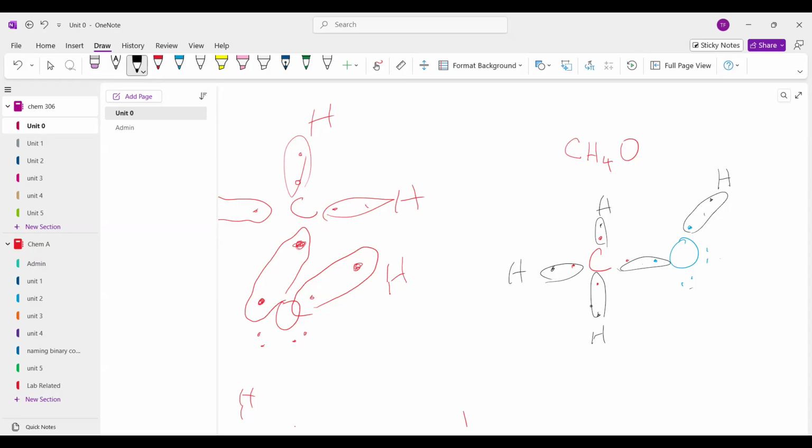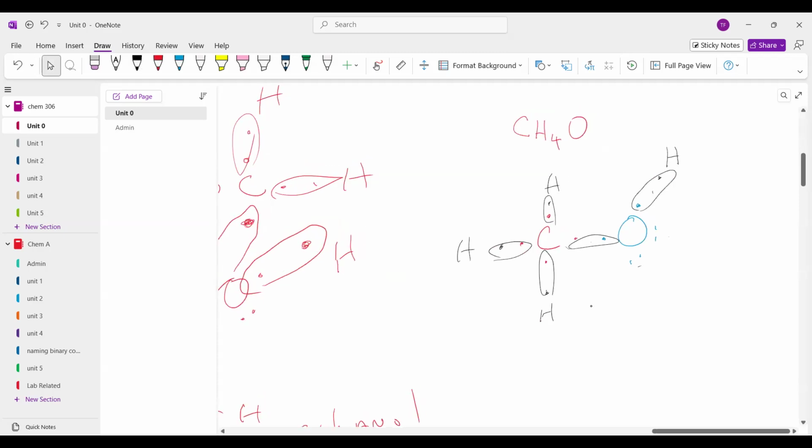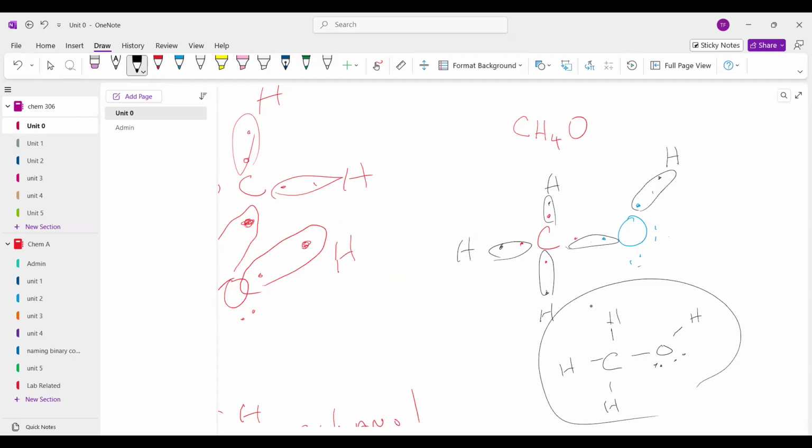Hydrogen has 1 bond. Okay, so now that it's legal, throw in the lines. So that's your Lewis structure for methanol.